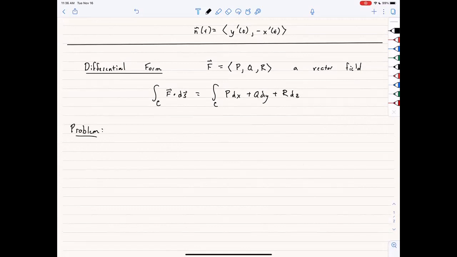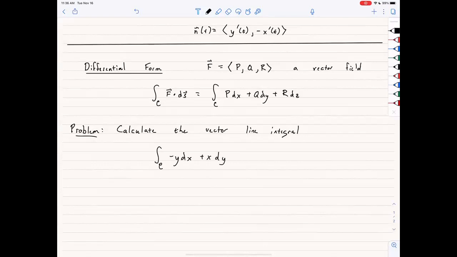All right, so let's calculate the vector line integral. Say the integral over a curve C, and we'll mention what it is in a moment, of negative y dx plus x dy.